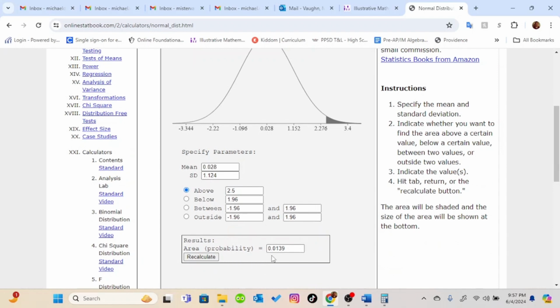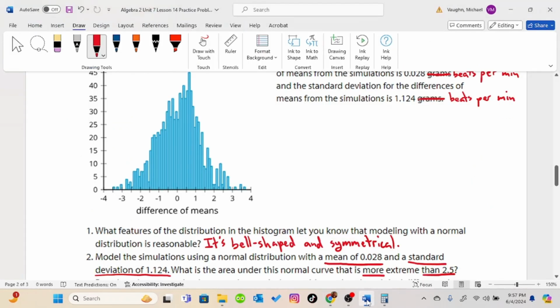And now we see that our area probability is this little gray area on the right side of this curve, and that probability is 0.0139.